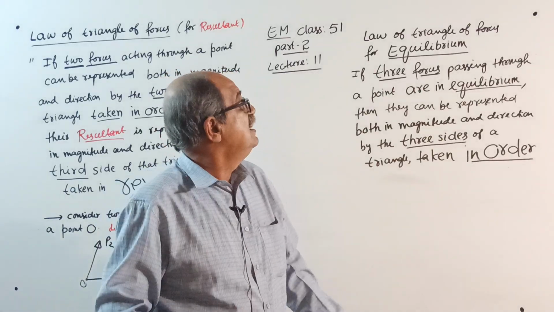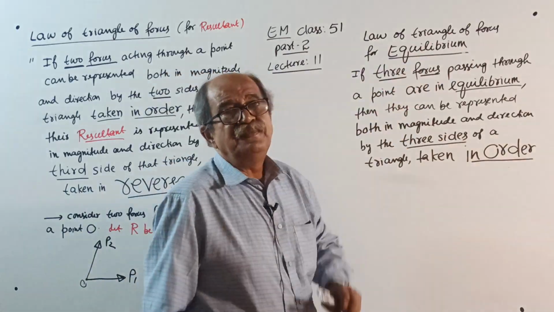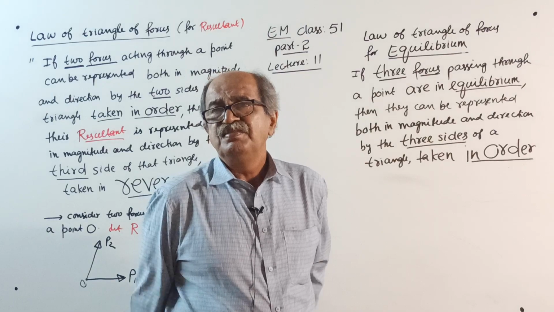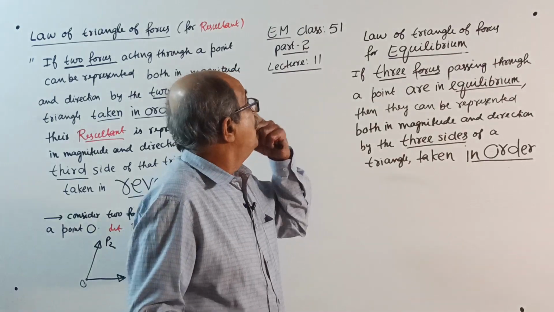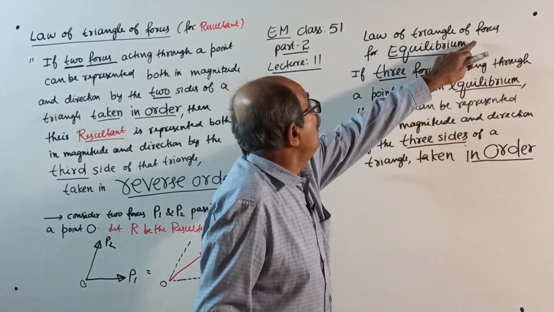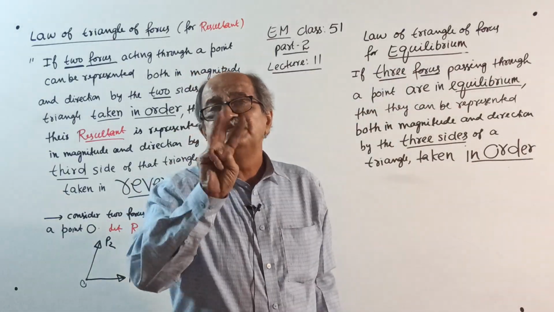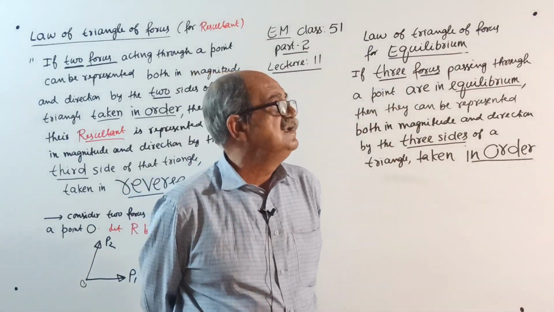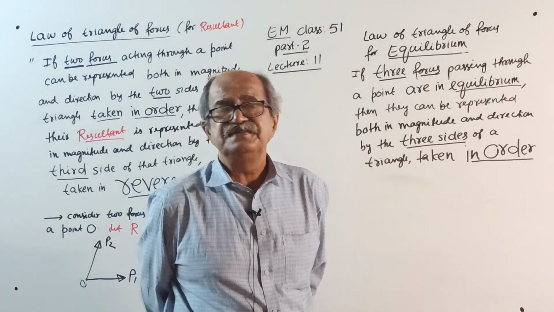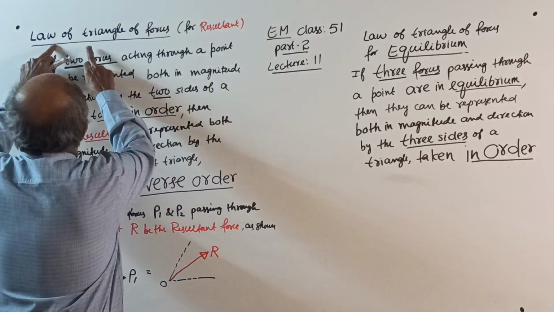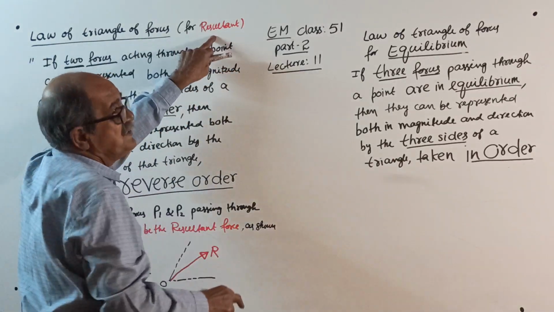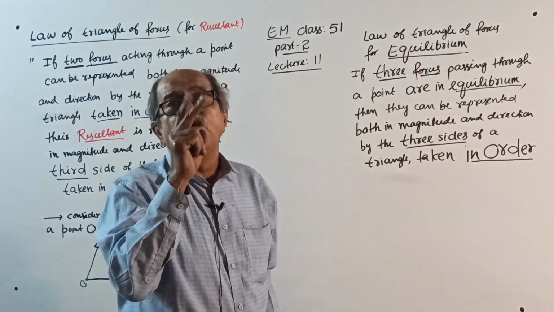Now remember, if it is equilibrium, there is no resultant. Therefore, when you apply law of triangle of forces for equilibrium, three forces are considered. Three concurrent forces are considered. Why? Three forces, three sides. But when you consider law of triangle of forces for finding resultant, only two forces.